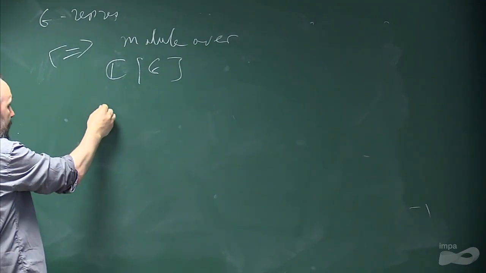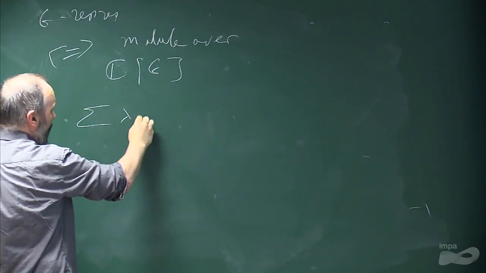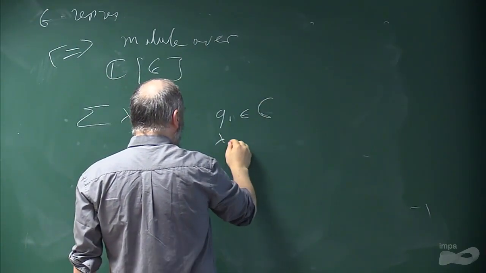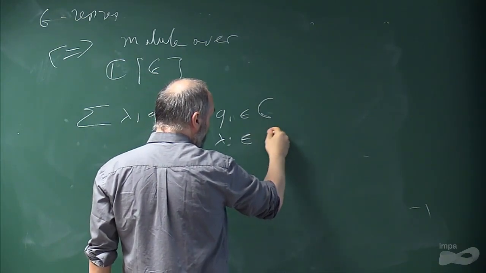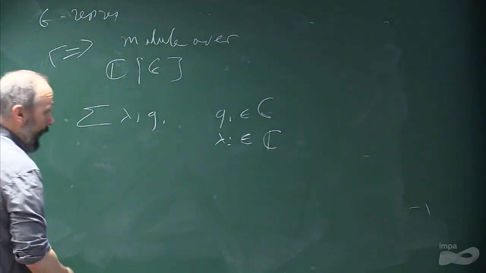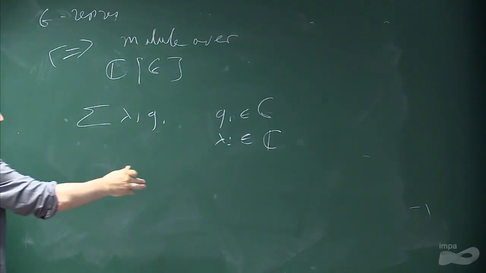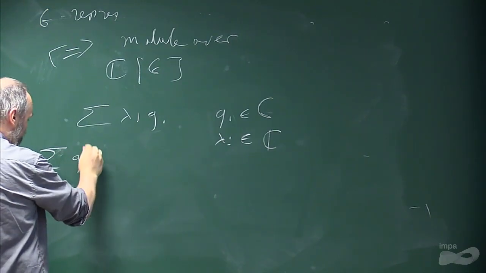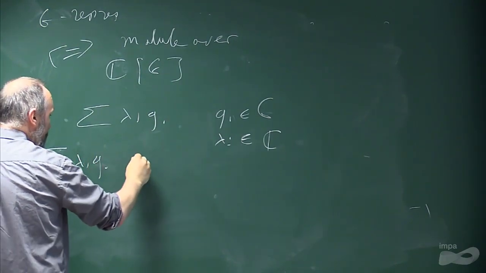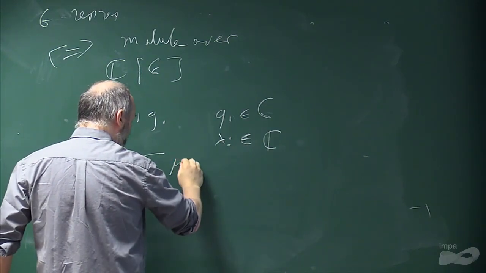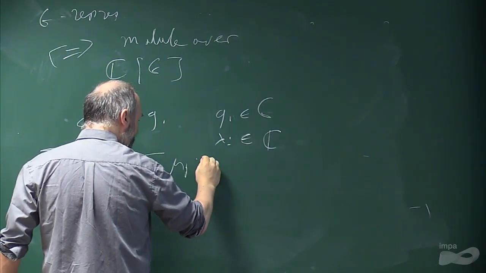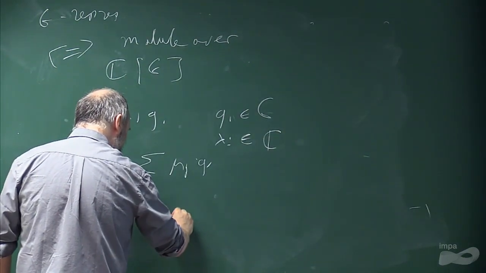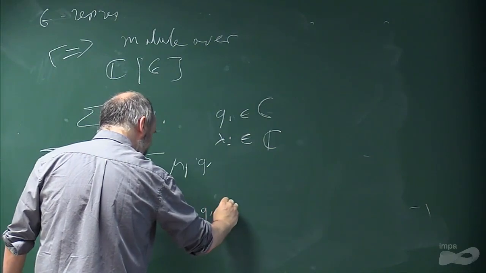So this is the ring of the sums of lambda i g_i, where g_i belongs to the group, lambda i belongs to our field like C, and you multiply. So the sum of lambda i g_i multiplied by the sum of mu j g_j is equal to the sum of lambda i mu j g_i g_j.